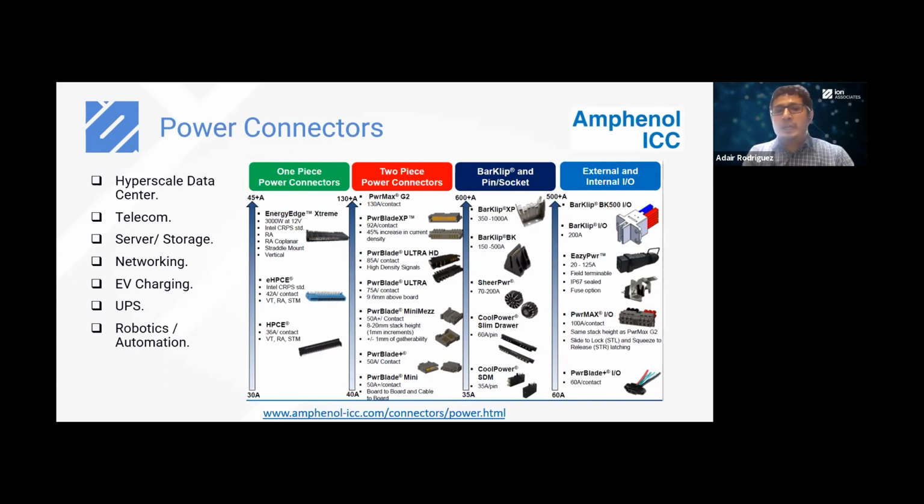So as you can see, we can help you with some recommended products, whether they are pre-assembled, SMD or through-hole package. All the applications may apply to all the products that we talked about before, telecom, networking, even EV charging, robotics, or UPS products. Next.